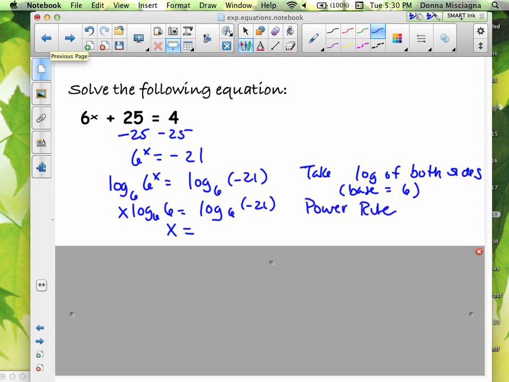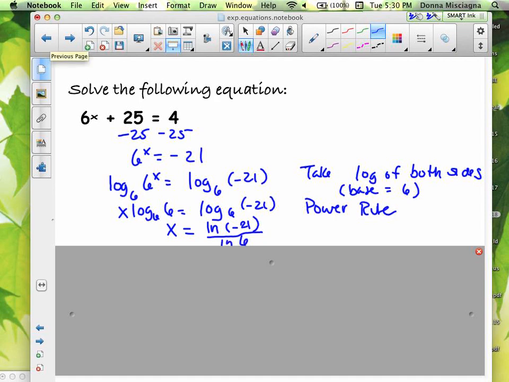And now we use a change of base formula, and I write log so often. Let me use natural log so he doesn't feel left out. So we have natural log of negative 21 divided by natural log of 6.